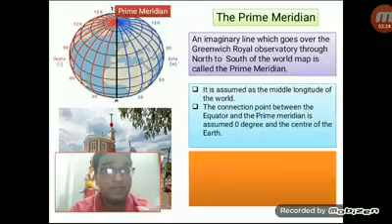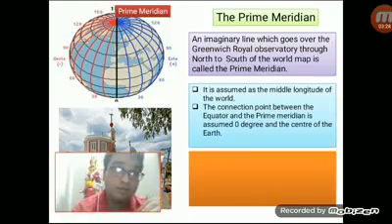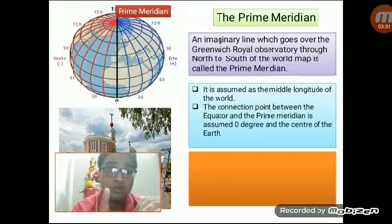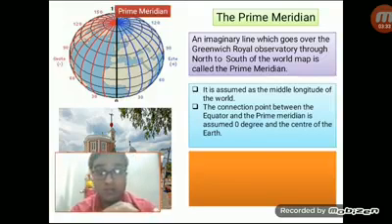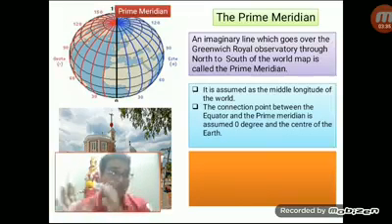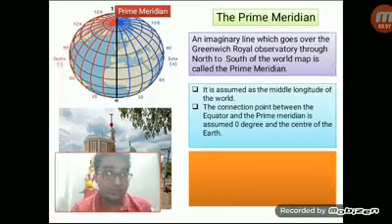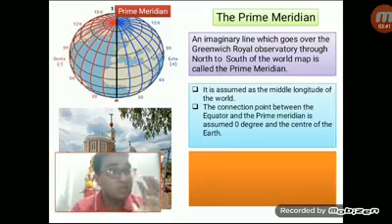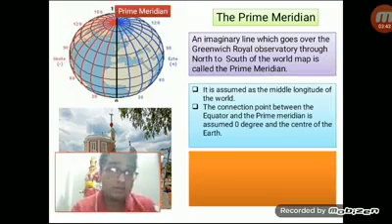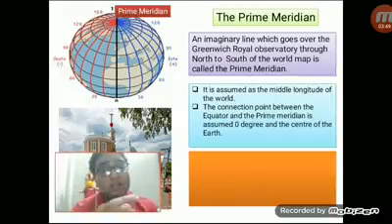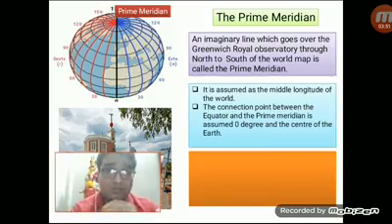Then the connection point between the equator and the prime meridian is assumed 0 degree, and it is assumed as the center of the earth.